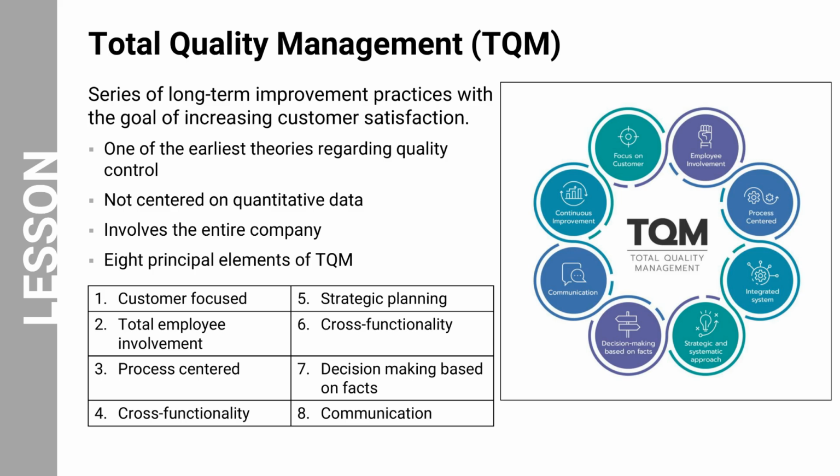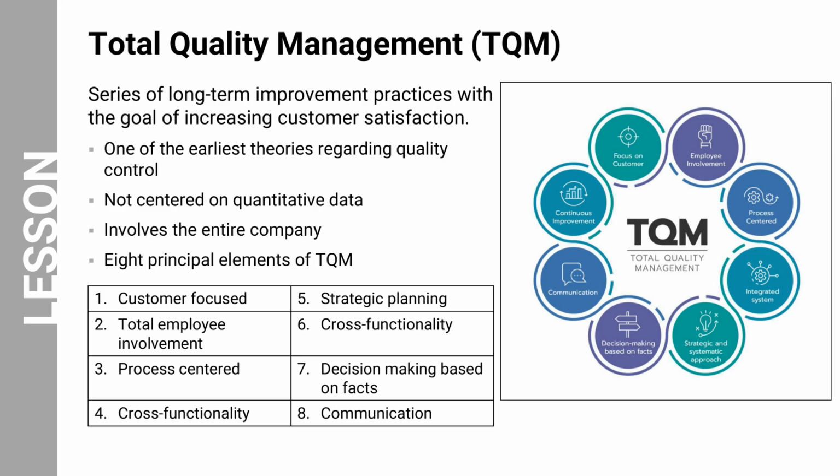According to the American Society for Quality, there are 8 principal elements of TQM. At its core, TQM is customer-focused, ensuring that all activities align with meeting customer needs. It requires total employee involvement, encouraging participation from all levels of the organization. The approach is process-centered, focusing on improving operational procedures and workflows.